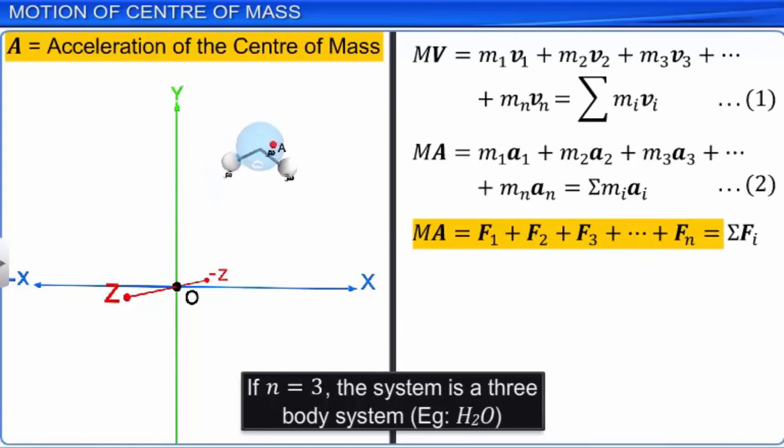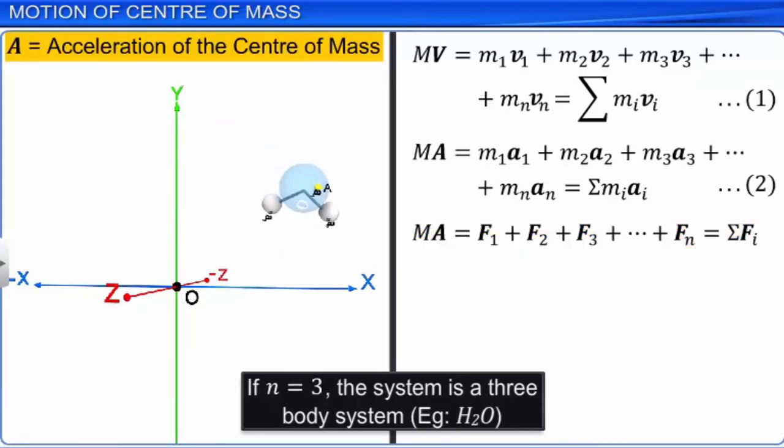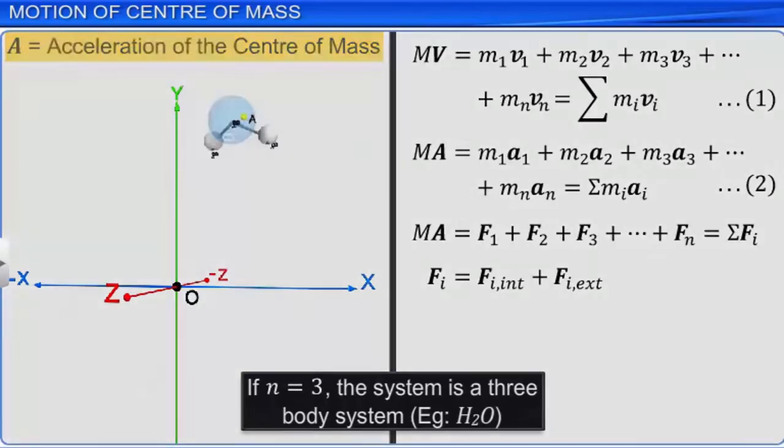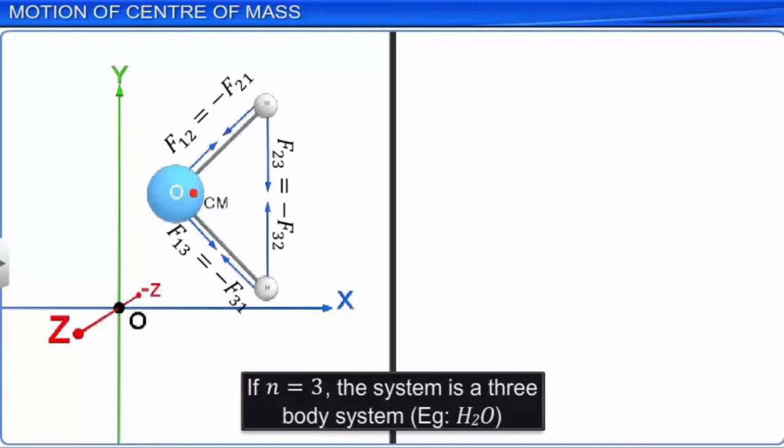The net force on a particle may be an external force or an internal force. Fi is equal to Fi internal plus Fi external. The internal forces are exerted by one particle on another and form action-reaction forces. F12 is equal to minus F21.